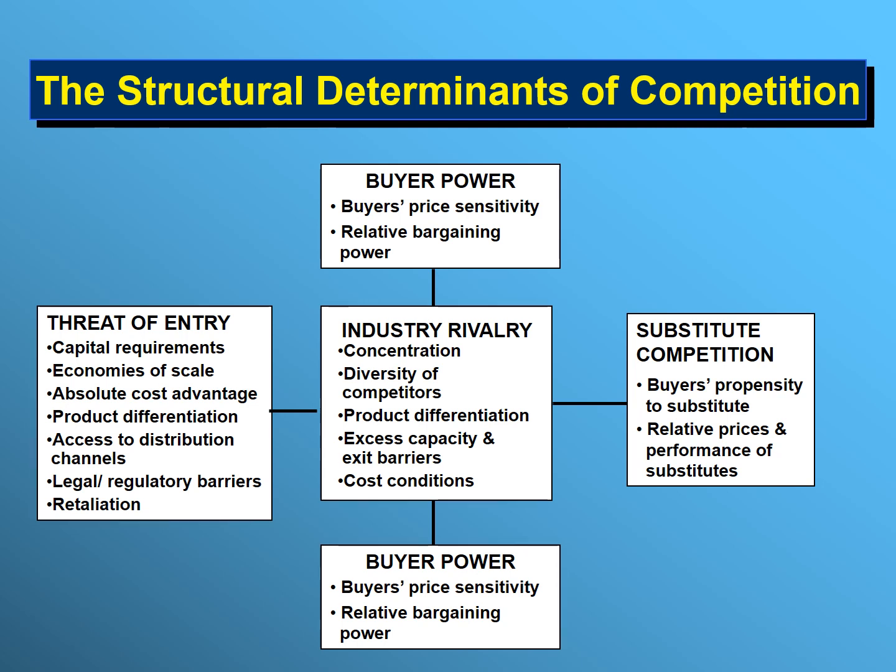Large volume buyers are particularly powerful if heavy fixed costs characterize an industry, as they do in telecommunication equipment, large scale software development, and bulk chemicals, which amplifies the need to keep capacity filled.